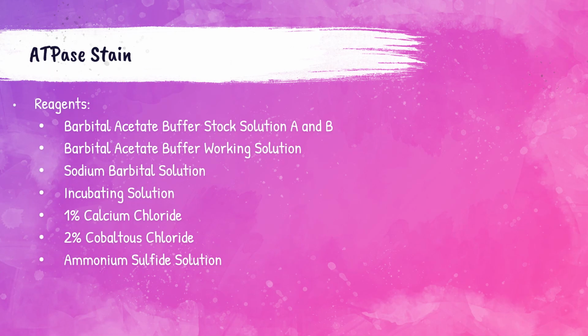The reagents needed for the ATPase stain are barbital acetate buffer stock solutions A and B, sodium barbital solution, barbital acetate buffer working solution, incubating solution, 1% calcium chloride, 2% cobalt chloride, and ammonium sulfide solution.